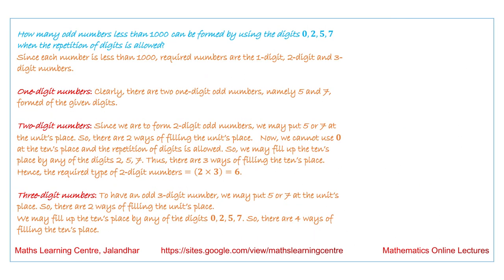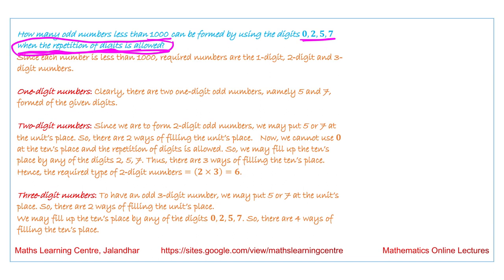Next is, how many odd numbers less than 1000 can be formed by using 0, 2, 5 and 7 when the repetition of digits is allowed. This is important, when the repetition of digits is allowed.